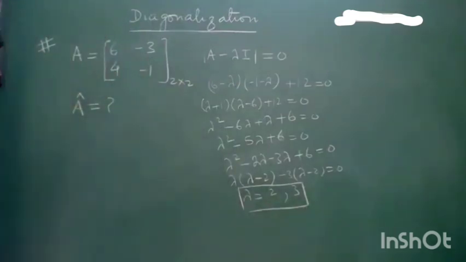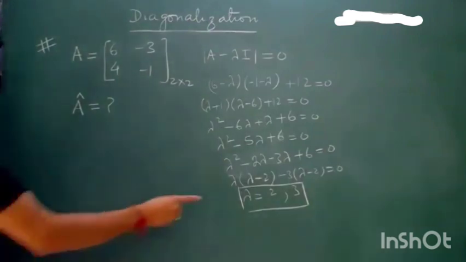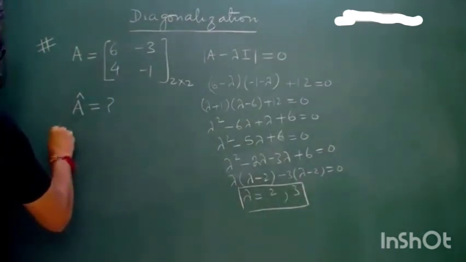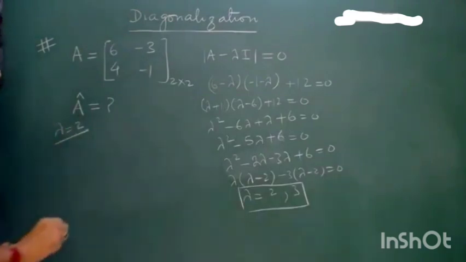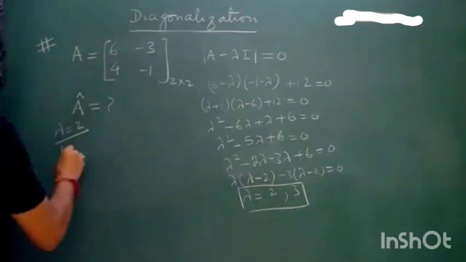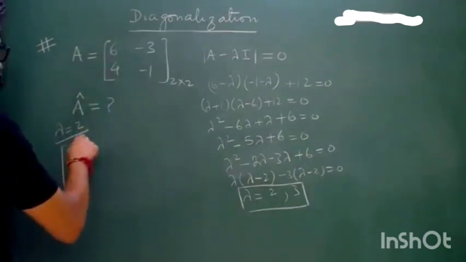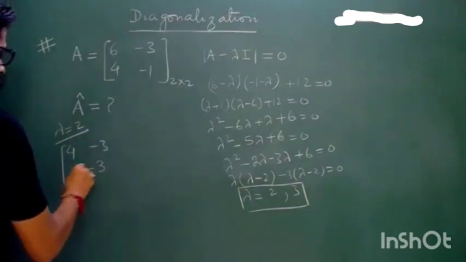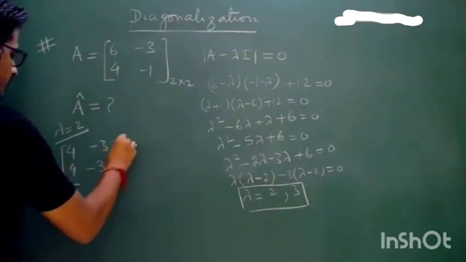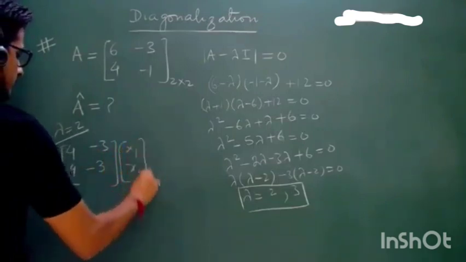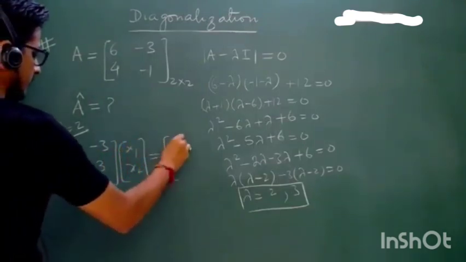So let us get the eigenvectors quickly. What are the eigenvectors corresponding to this? So corresponding to lambda is equal to 2, quickly calculate. So you will get 4 and here -3, -3 and 4, and let the eigenvector be some x1 x2 is equal to 0.